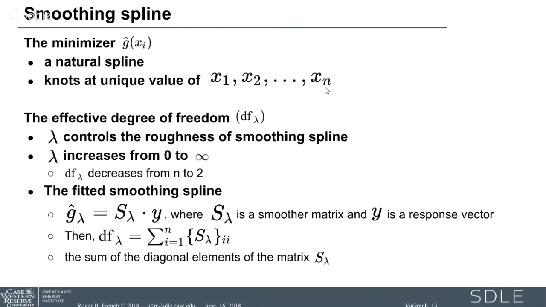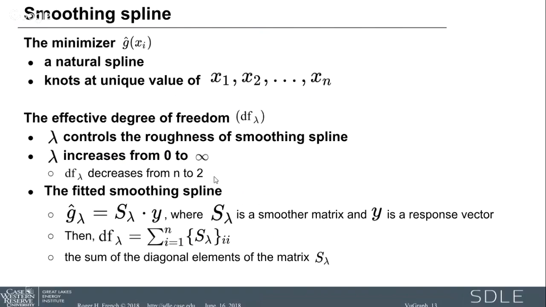In this way, the degrees of freedom will be n, but if your number of observations n is too large, it will overfit. So we have to define another degree of freedom, which we call the effective degrees of freedom, and lambda controls the smoothing spline. When lambda increases, the effective degrees of freedom will decrease.